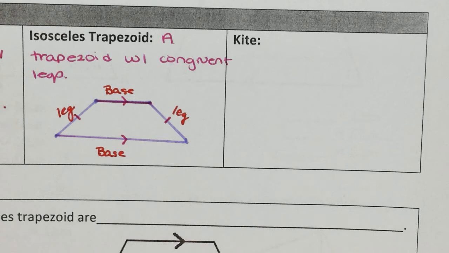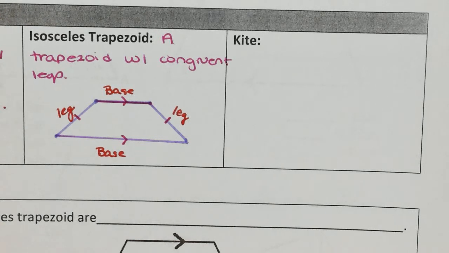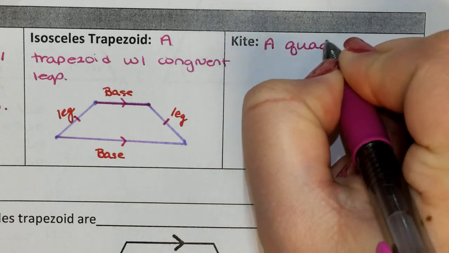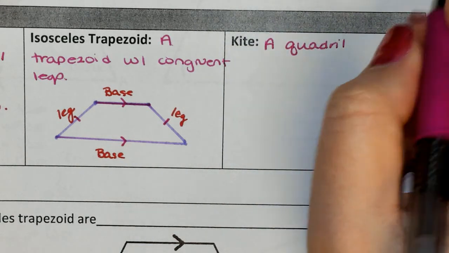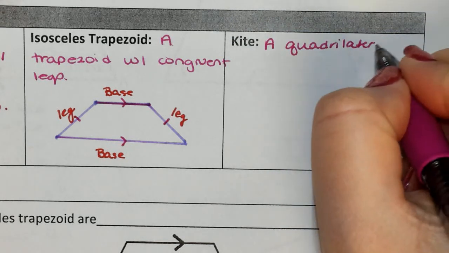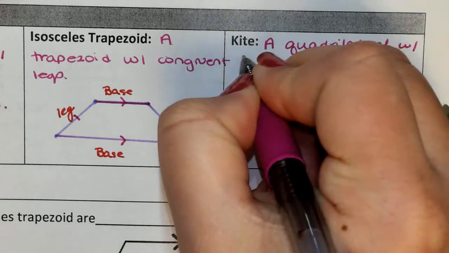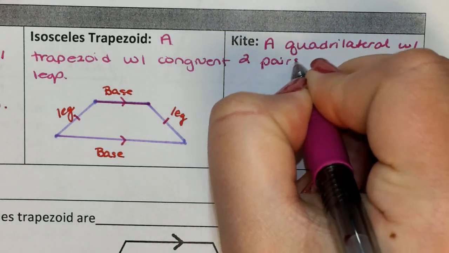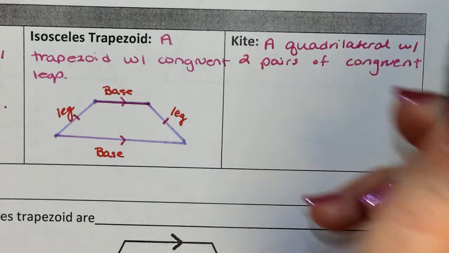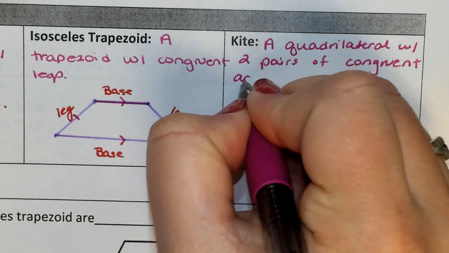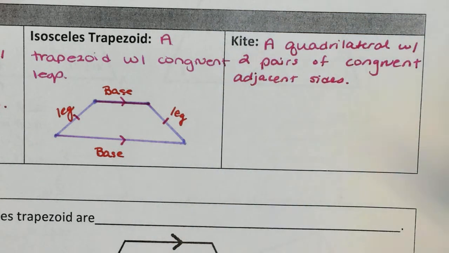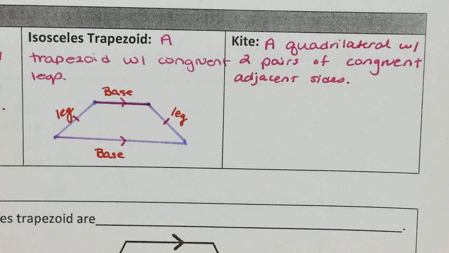So, what is a kite? Good, a quadrilateral. Yes, there we go. Quadrilateral with two pairs of congruent adjacent sides. So the congruent sides are right next to each other.